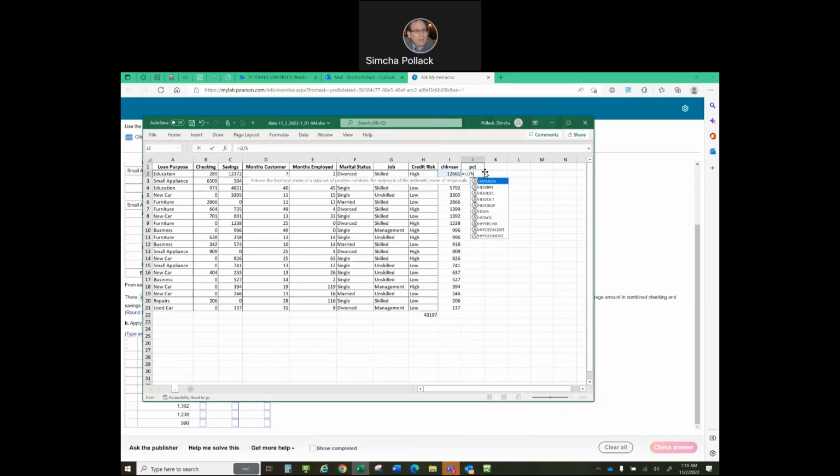Except when we drag it down, we want this to be fixed. The sum is a fixed number. We don't want that to change. So we're putting dollar signs around 22.